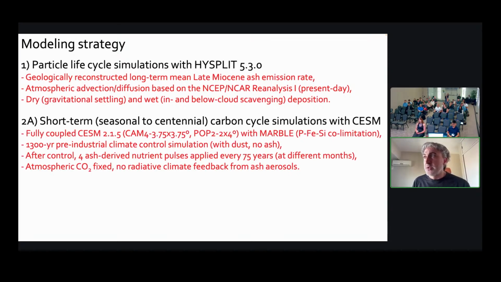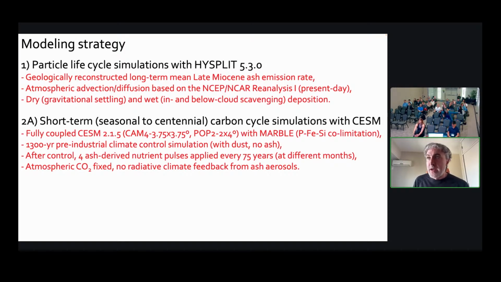The next step was to use CESM to represent the carbon cycle at short-term, seasonal to centennial timescales. We used a fully coupled CESM with CAM4 and at low resolution, with the ocean biogeochemistry module MARBL activated. And we represented the co-limitation of primary productivity based on three nutrients: phosphorus, iron, and silicon.